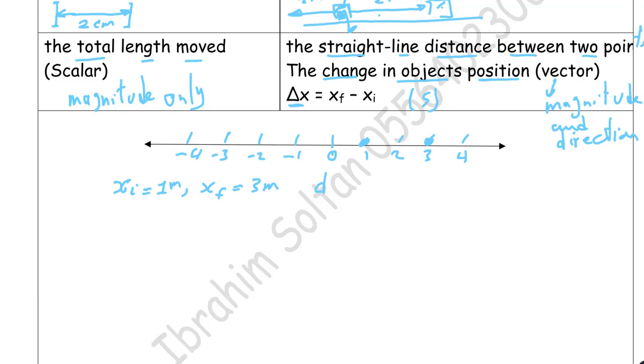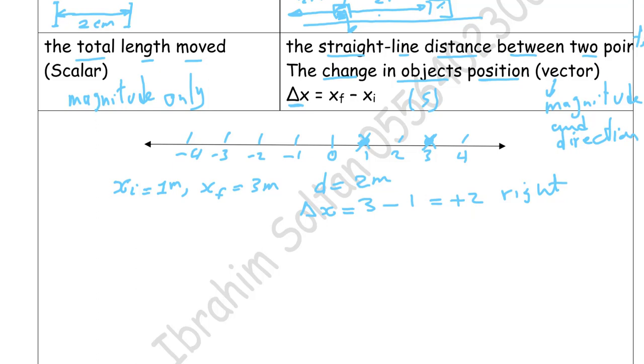So the distance here, from 1 to 3, we moved 2 meters, right? About calculating the displacement, delta x equals 3 minus 1, the final position minus the initial position, so it equals +2, right? And the direction is toward the right.